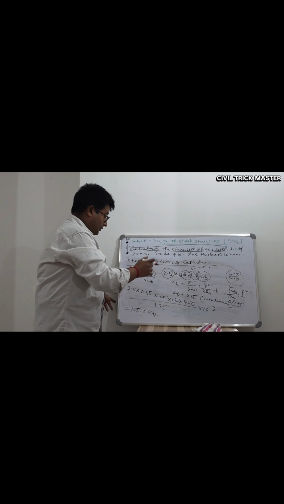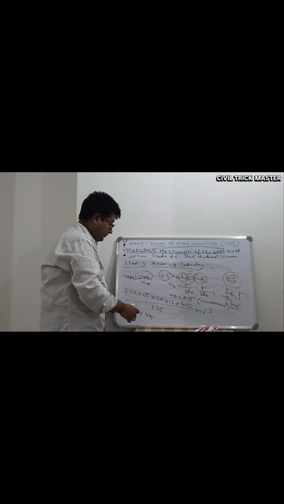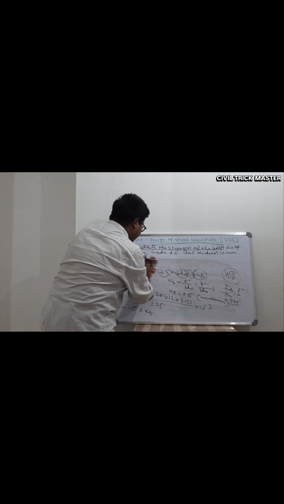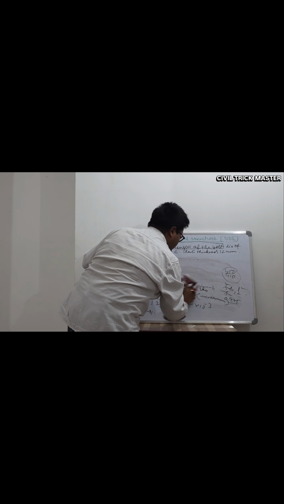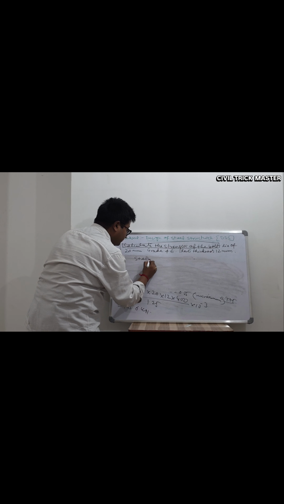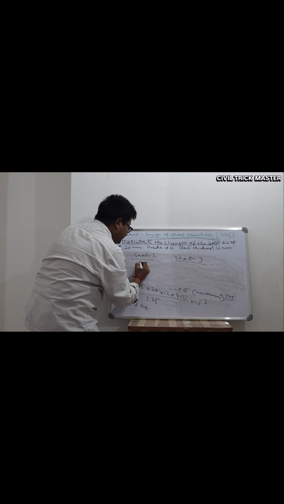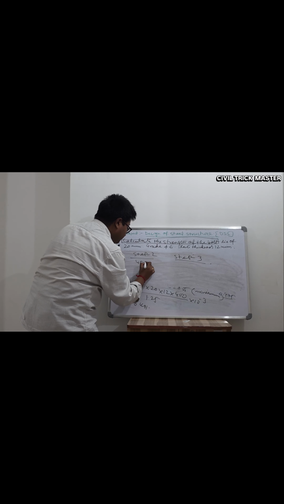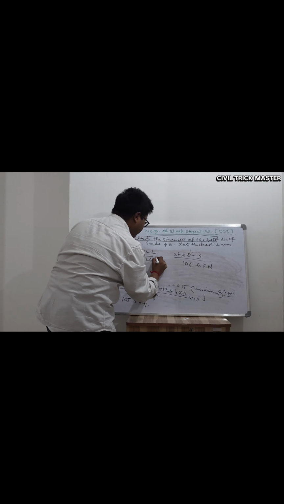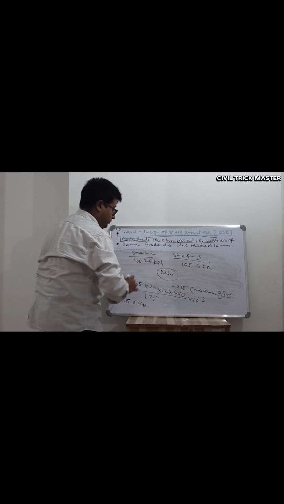No. From the design of bolt calculation, whatever is the minimum between step 2 and step 3, I am just repeating, whatever is the minimum between 45.26 and 105.6, both in kilonewton, whichever is minimum, that is your strength of the bolt.